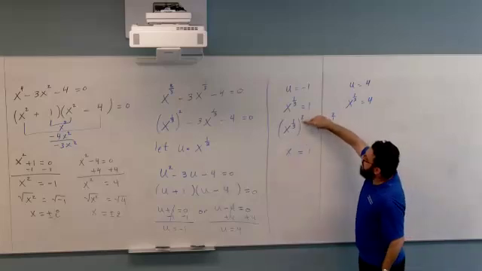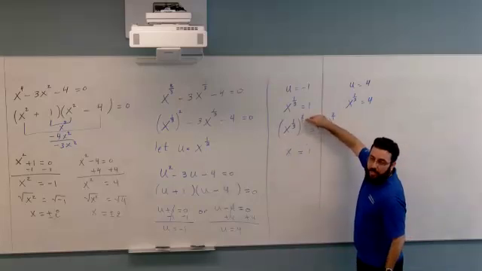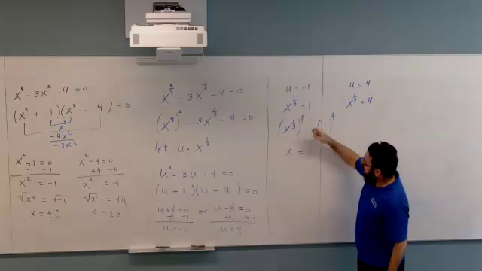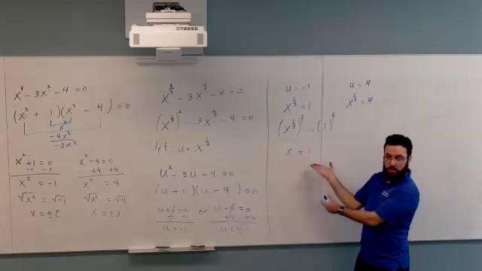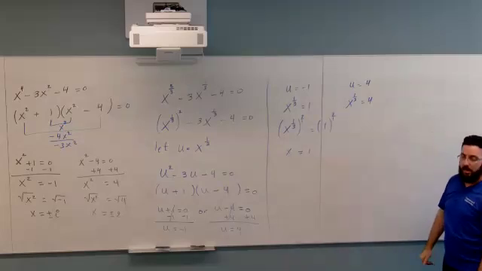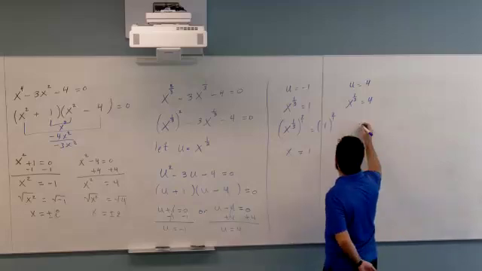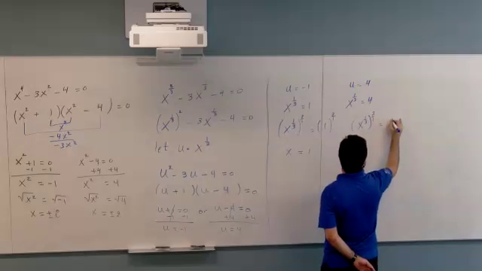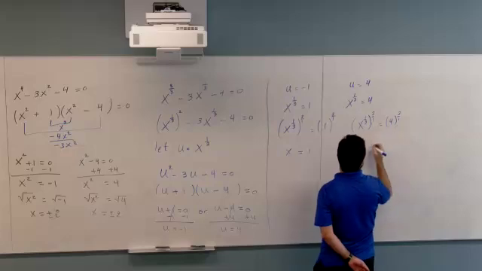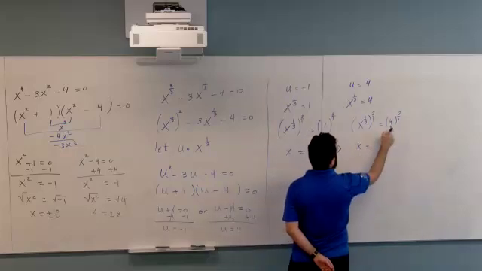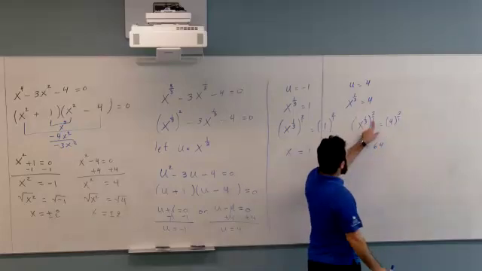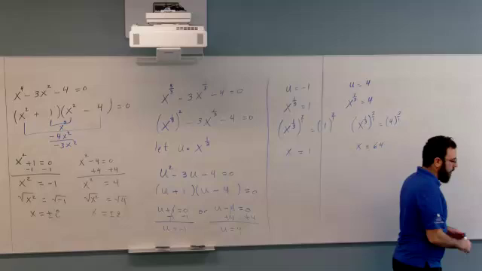I told you when you raise the exponents, the denominator here is odd, how many solutions? When it's odd, we get 1 solution. Can I do the same thing with the other side? Yes. So x to the 1/3 raised to the 3 equals 4 cubed. That means x equals 64. That's it. Also odd, so we're going to have only 1 solution.